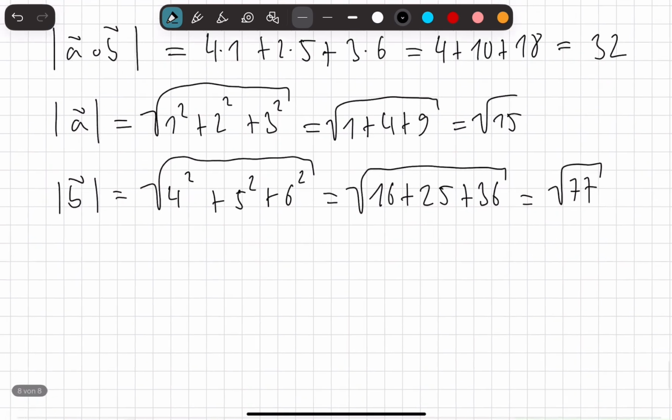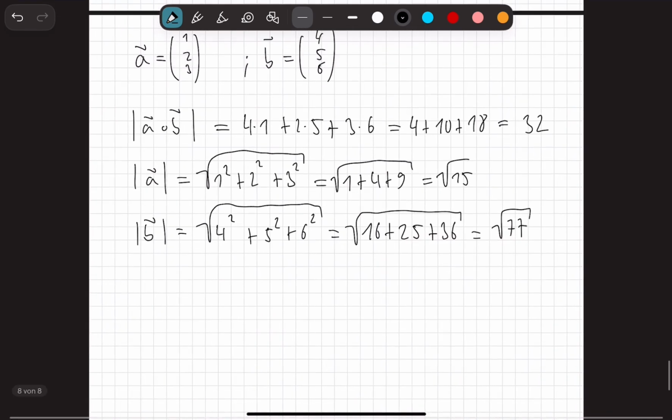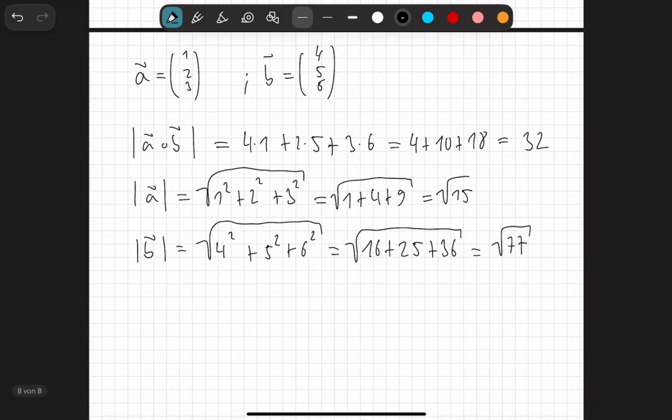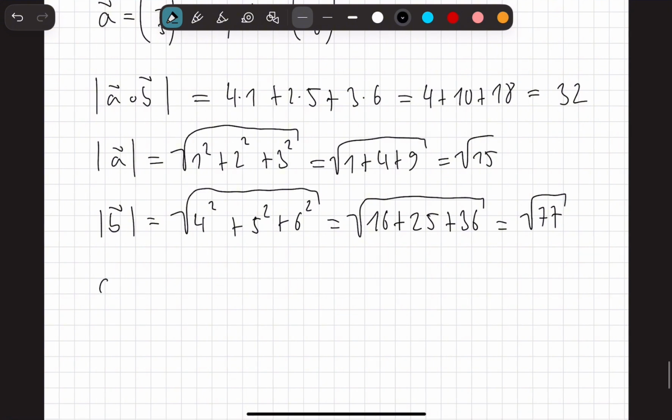And then we can plug in our numbers. Again, to find the angle between these two vectors, we have cosine of alpha equal to a dot b over the magnitude of a times the magnitude of b.